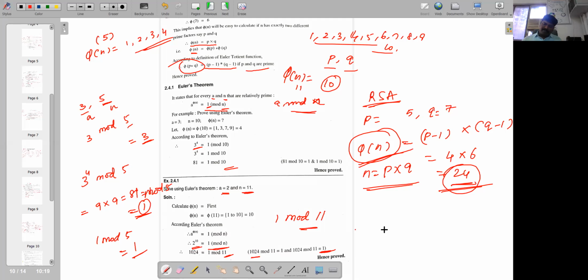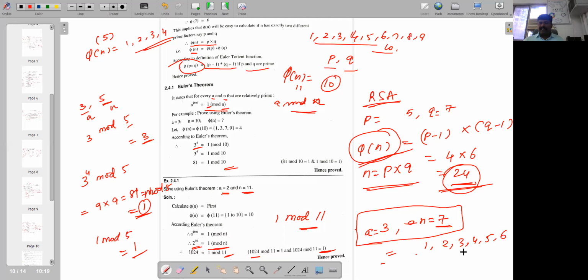If you want, you can prove this example yourself: a value is equal to 3 and n value is equal to 7. So 3 power 7. Now what are the co-primes for the number 7? Just tell me the answers. What are the co-primes for 7? 1, 2, 3, 4, 5, 6, all the 6 numbers.